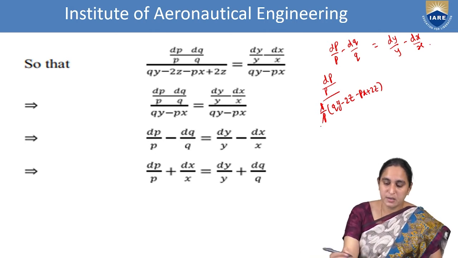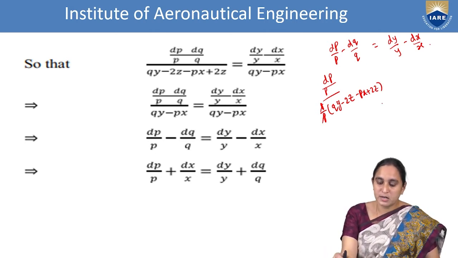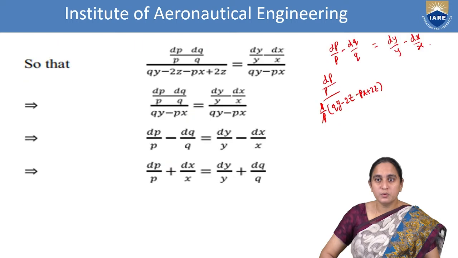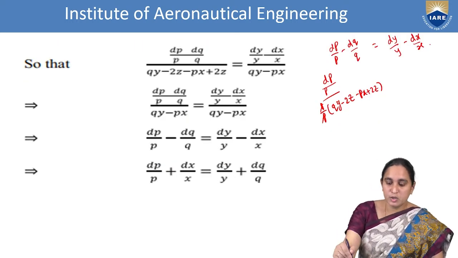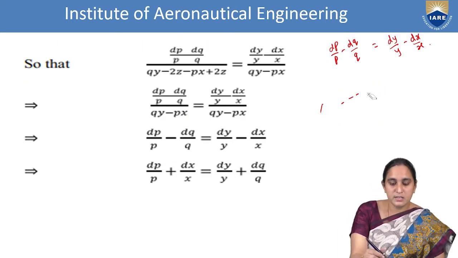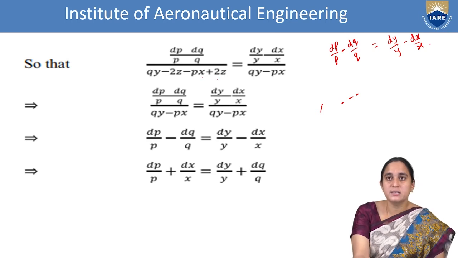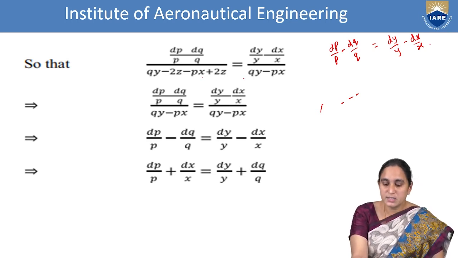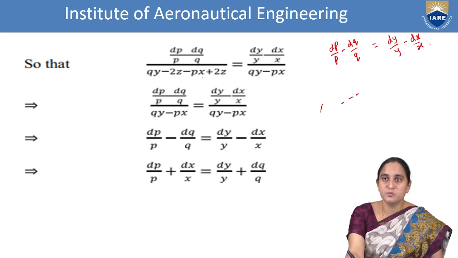Here I'm dividing with P and Q. That is equal to dy by y minus dx by x. That means differentiation with respect to y is dividing with y, and x is differentiated with respect to x, that will be dividing with x.